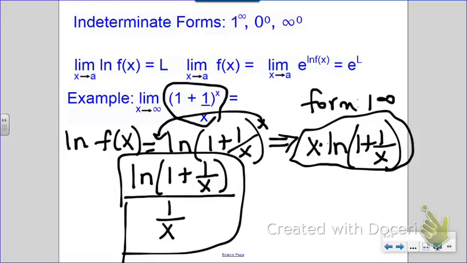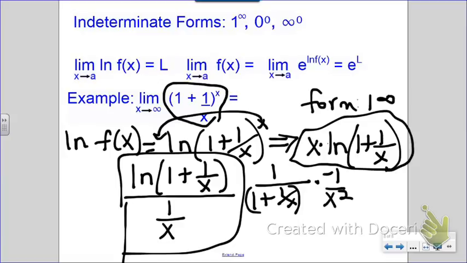The derivative of natural log of anything is 1 over that something. So it's 1 over 1 plus 1 over x times the derivative of what's inside. The derivative of what's inside would be 0 plus 1 over x's derivative, which is negative 1 over x squared.